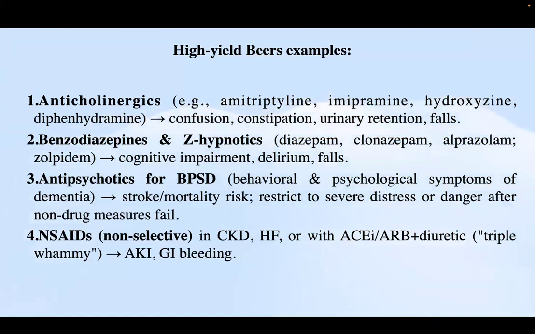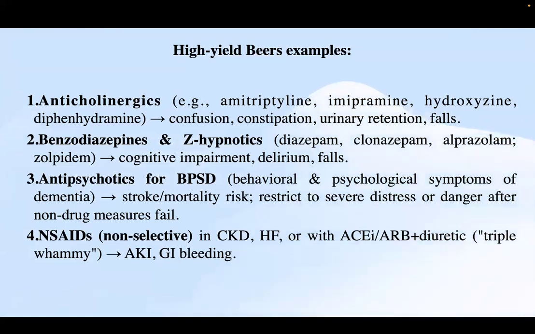See the antipsychotics for the BPSD. Now, BPSD stands for Behavioral and Psychological Symptoms of Dementia. If you don't know, please see in the bracket: behavioral and psychological symptoms of dementia. So, if the antipsychotics are used for BPSD, there is a high risk of stroke and mortality. Restrict to severe distress or danger after non-drug measures fail.